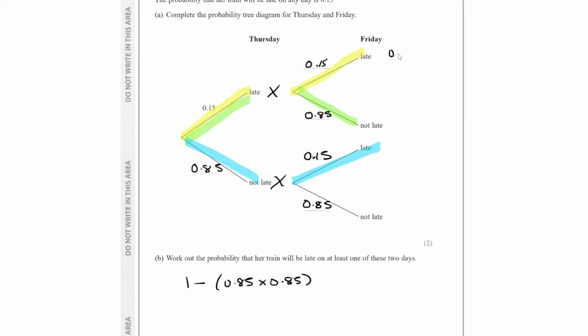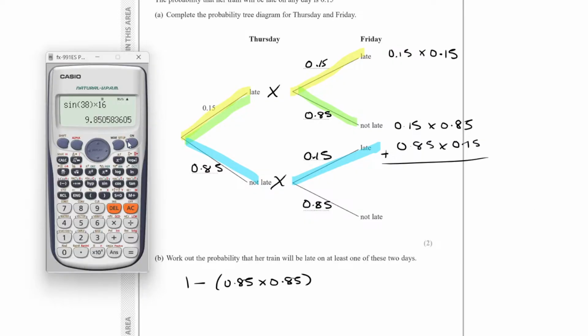For the long method, late is 0.15 times 0.15, then you've got 0.15 times 0.85, and technically this other one is exactly the same, just the other way around. And then if you've got multiple options this way, you add them. So, just type it all in.